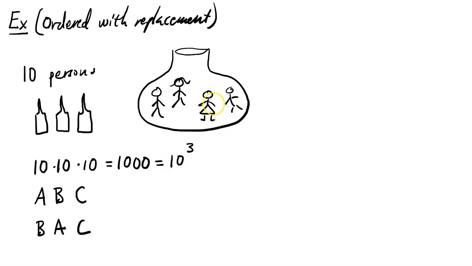And now we want to draw one of these persons. So we draw one of them randomly. And the first person we draw will win the first bottle. And then we put that person back, because the same person can win bottles several times, can win the second bottle also. Okay, so draw again, see who wins the next bottle, put that person back, and draw a third person, see who wins the third bottle.